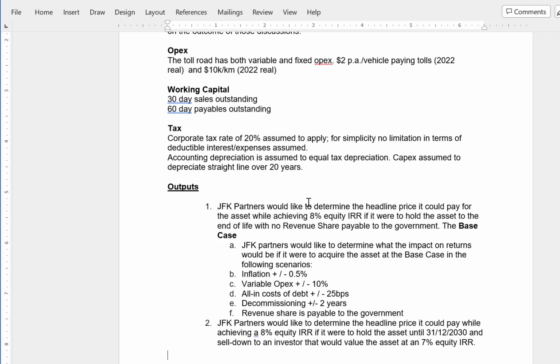We could change the debt when we change our final little scenario for the 7% sale price, which we're going to put in this one. So those are interesting questions.